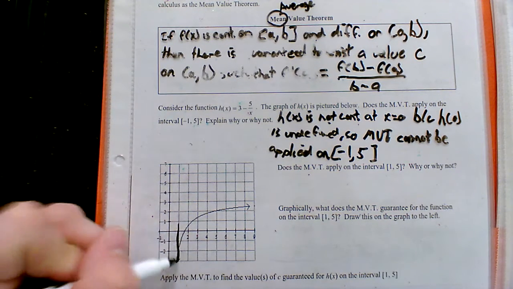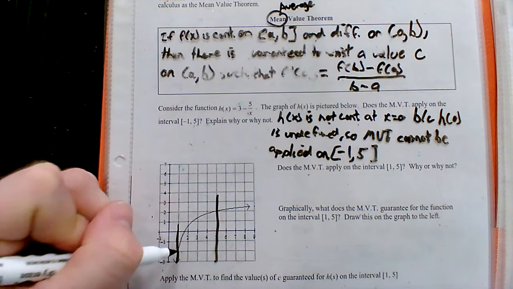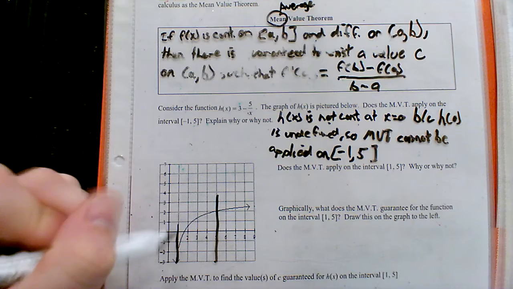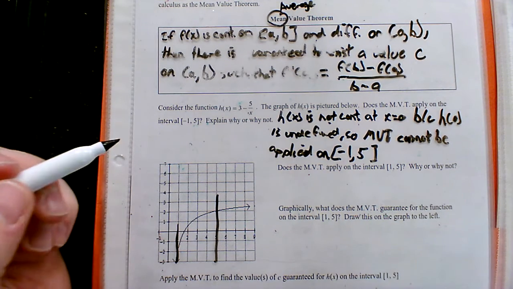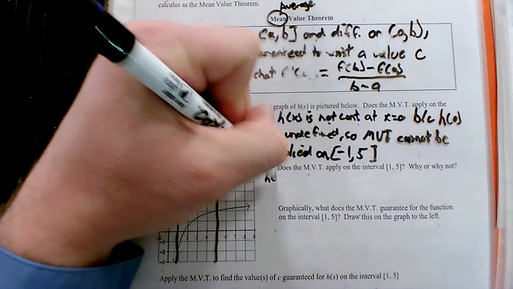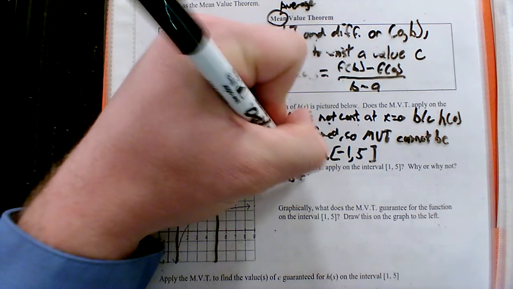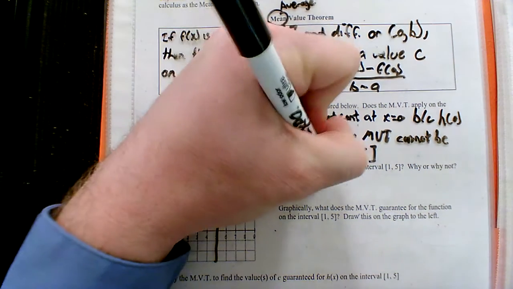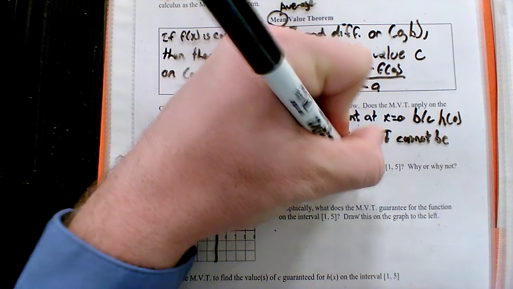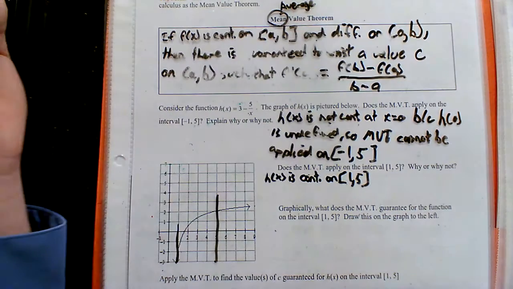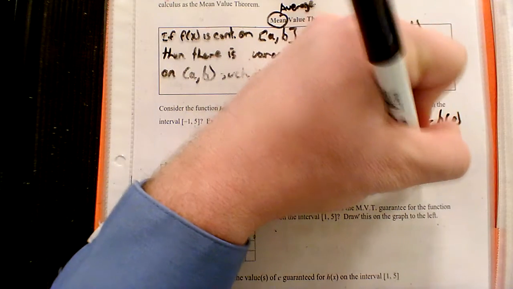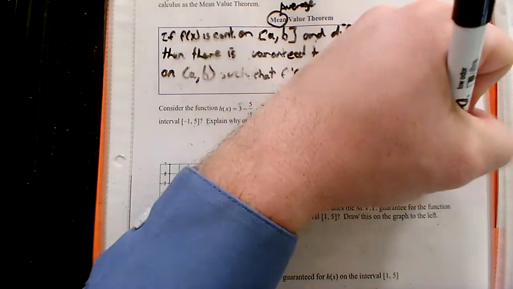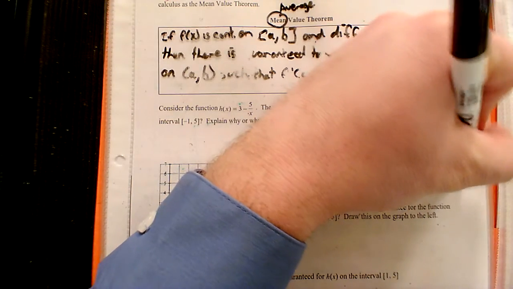So you're going from 1 to 5. Well, yeah, it's continuous the whole way. Would I be able to take the derivative everywhere and get a value? Yes. So it's differentiable. So h of x is continuous on the closed interval 1 to 5 and differentiable on the open interval 1 to 5.